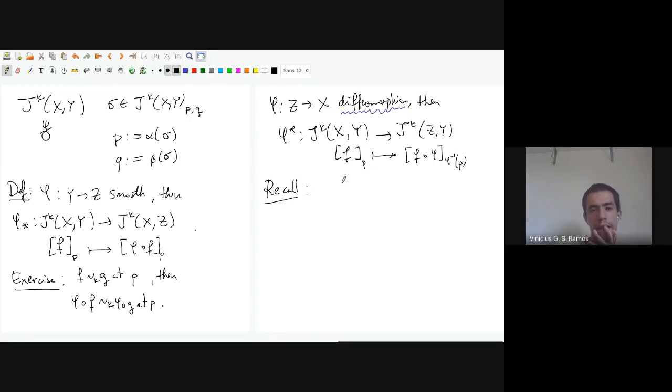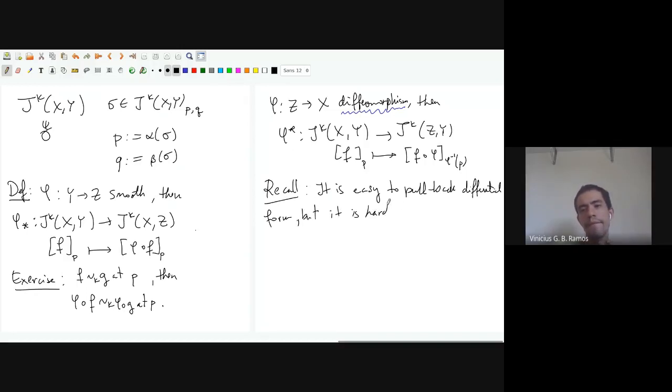Recall that it's easy to pull back differential forms, but it's hard to push forward vector fields.